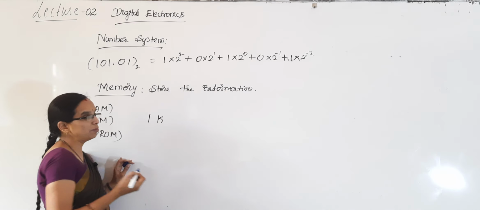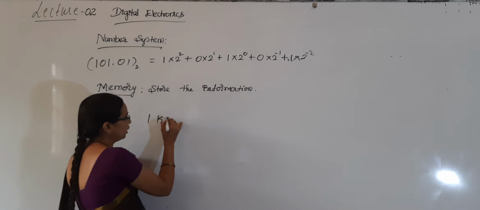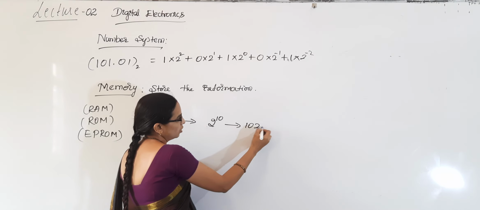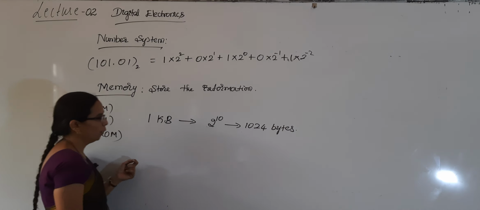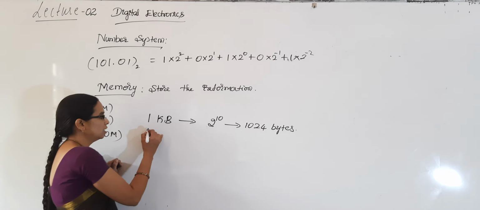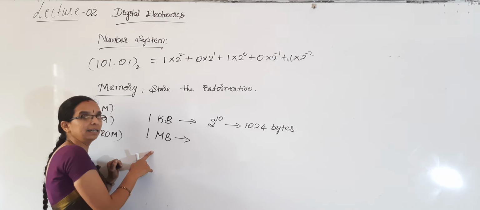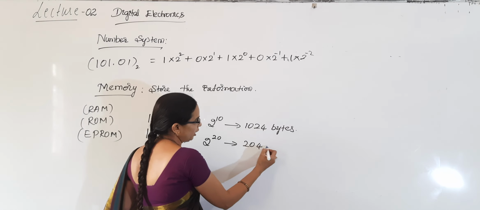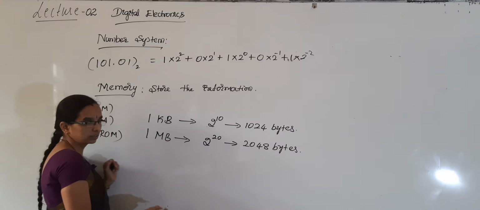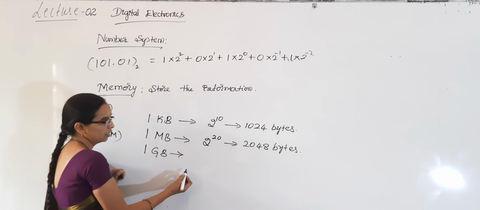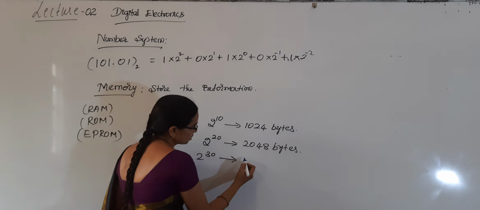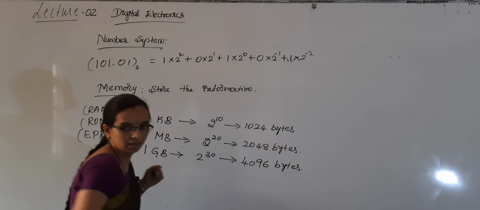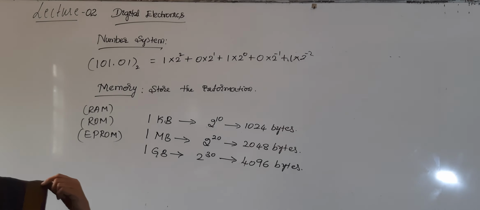Usually memory is represented using bytes. 1 kilobyte means 2 to the power of 10, that is 1024 bytes. 1 megabyte, 1 MB, 2 MB, 354 MB, means 2 power 20 bytes. 1 gigabyte means 2 power 30 bytes.